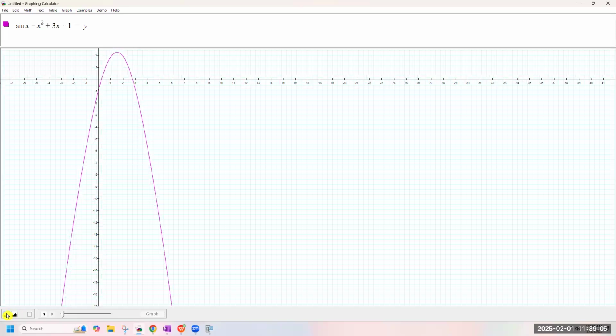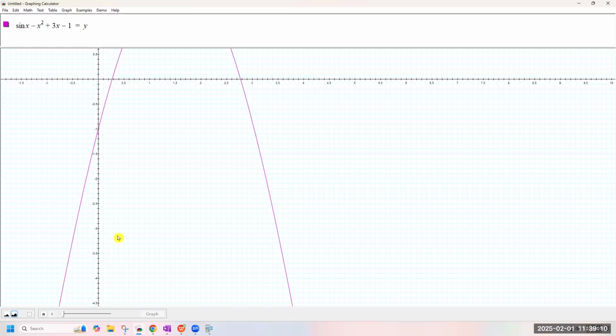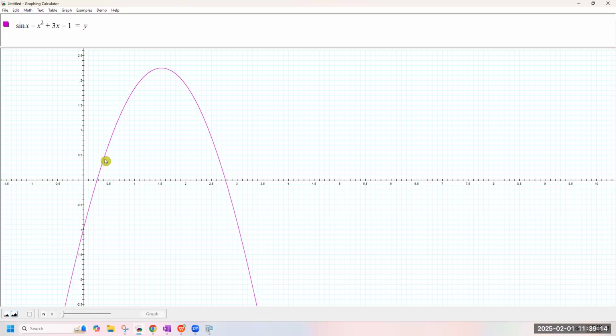It just looked like that. Unexpected. I really don't expect that. But from this graph here, let's trace it.